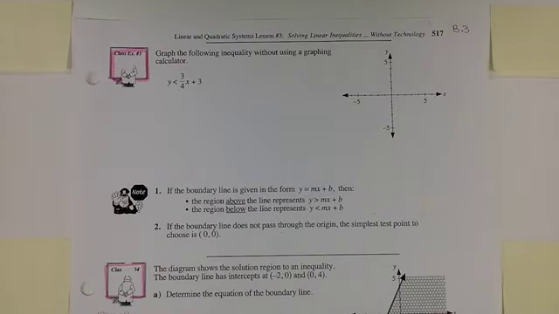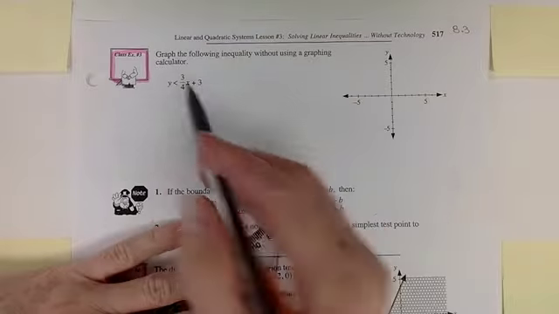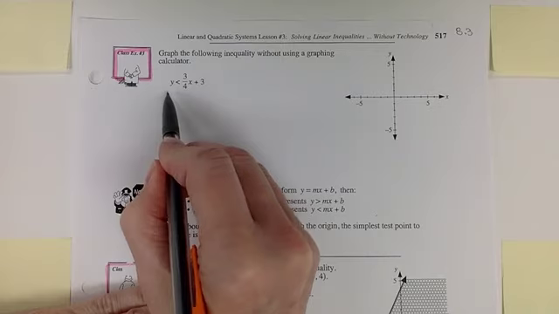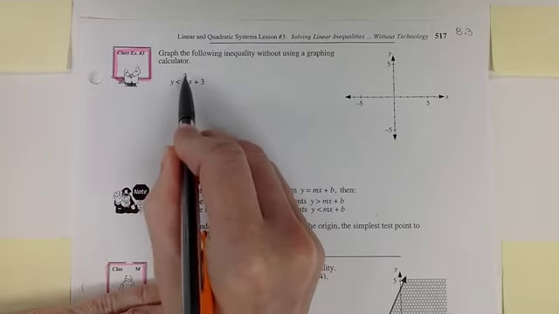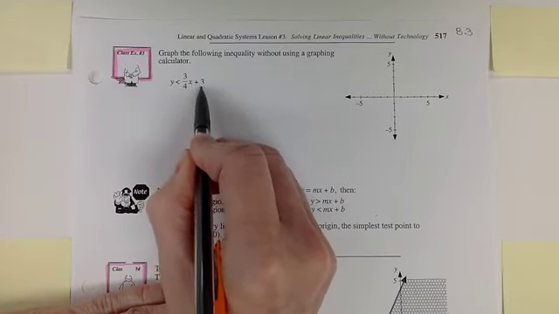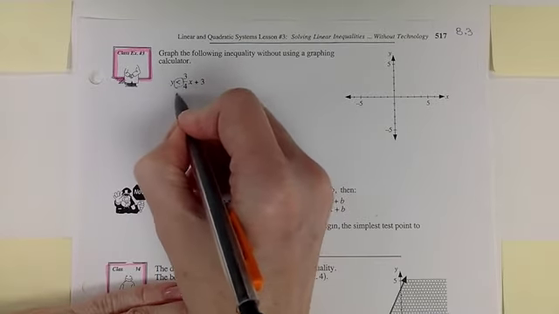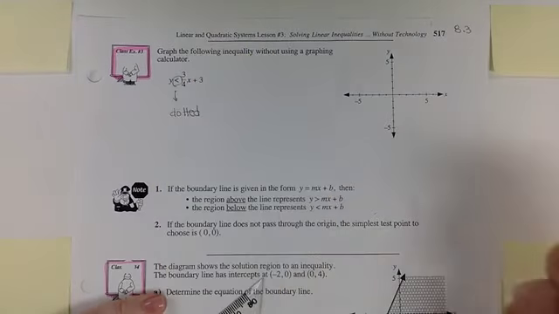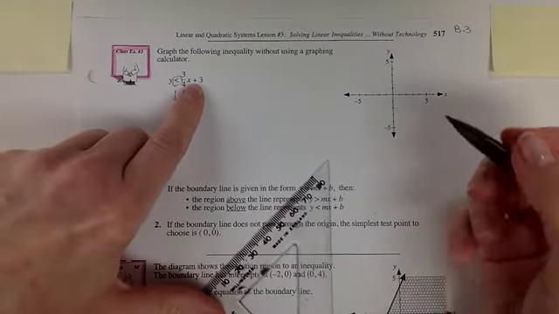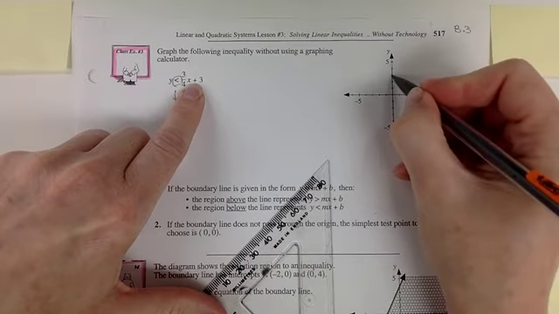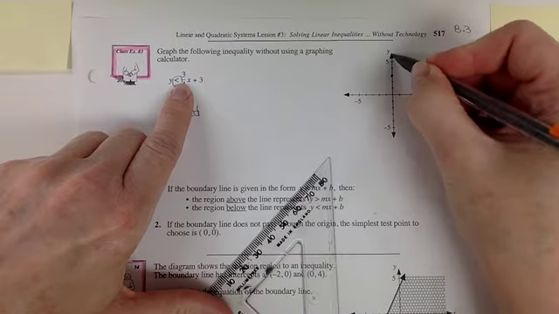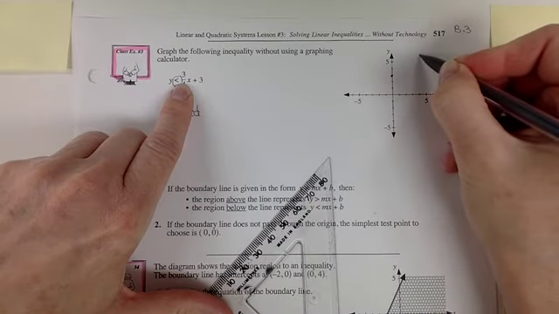Okay, pause the video. You can do this one without me. Okay, let's look. So they have done all the easy work, all the work part for us, really, and now we can just graph. So y-intercept and slope, and this is going to mean that my line is going to be dotted. So y-intercept of 3, 1, 2, 3. 3/4, so rise of 3, 1, 2, 3, run of 4, 1, 2, 3, 4.